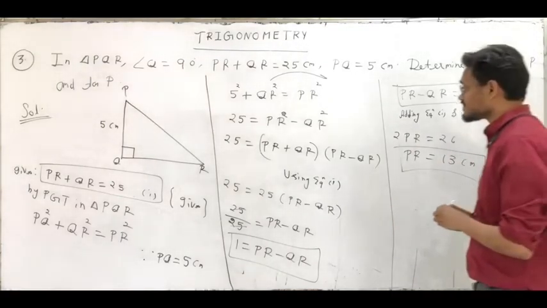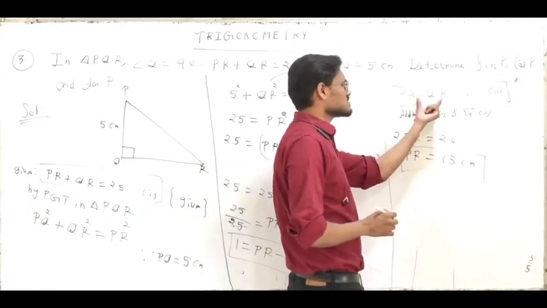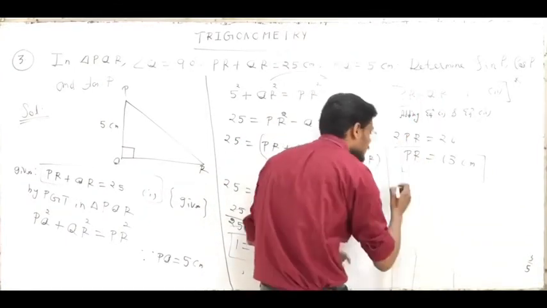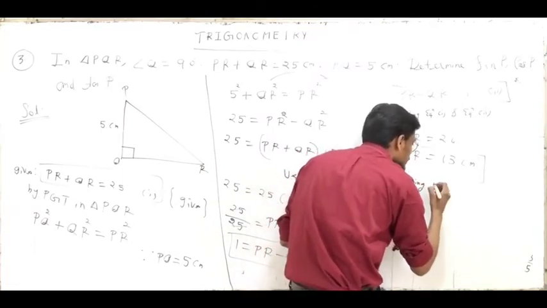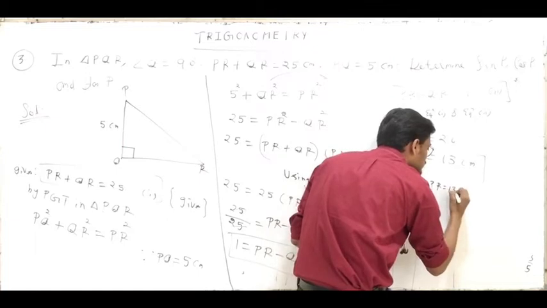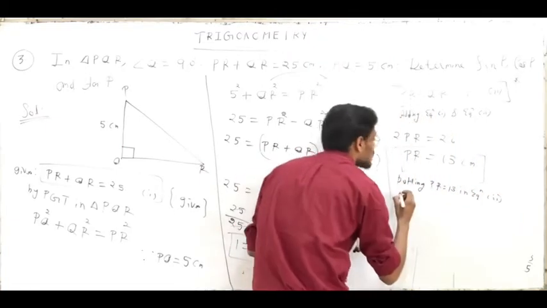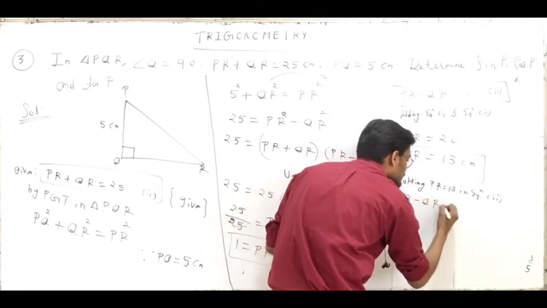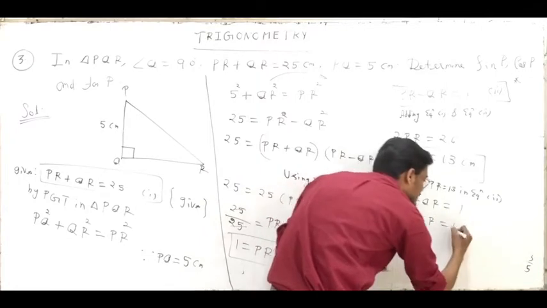Now QR, I have to find QR also. So either you can use that. Okay, now putting PR is equal to 13 in equation 2, it's gonna be 13 minus QR is equal to 1, or minus QR is equal to 1 minus 13.